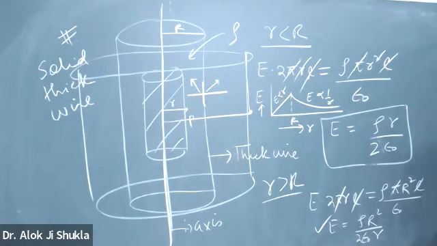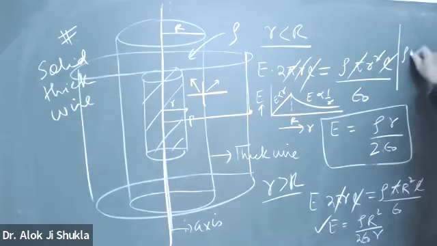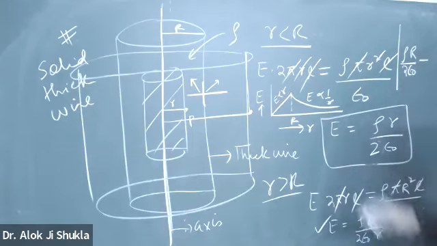Let us do that. What is outside? This is the field. How much will it be? Rho R by 2 epsilon naught, minus what is inside, rho R by 2 epsilon naught, and that becomes equal to 0. Why?